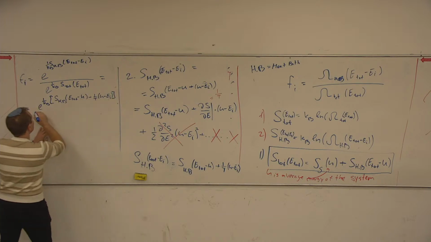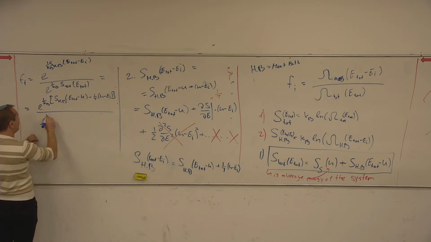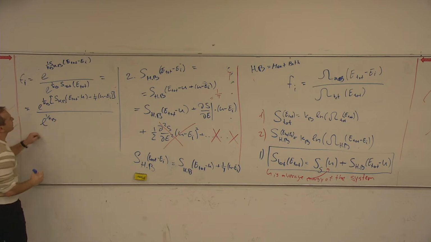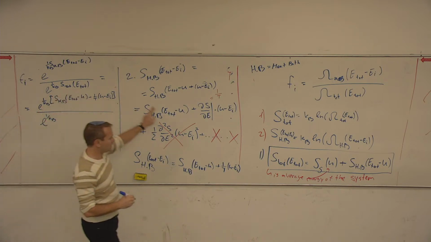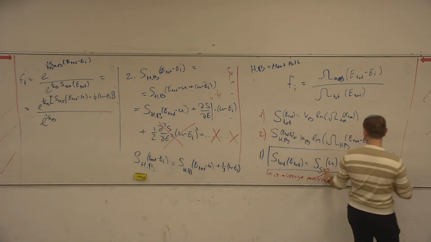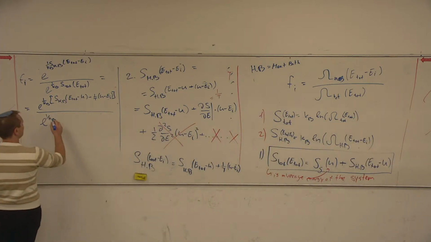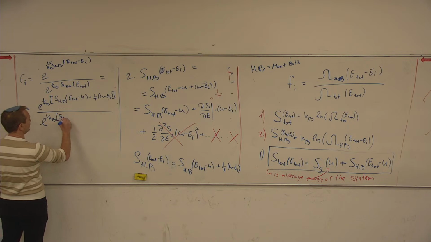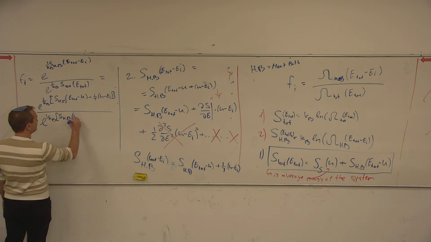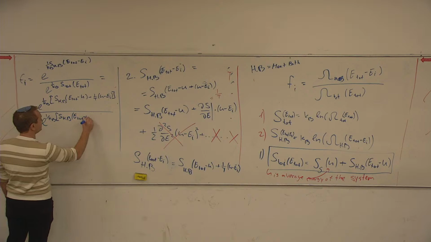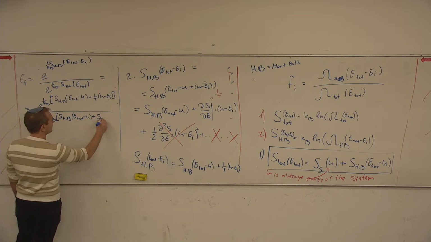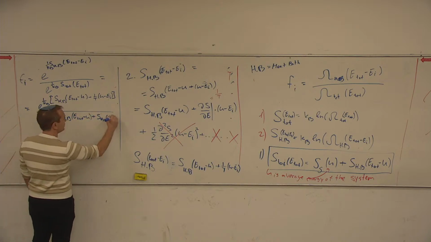Okay. Divided by exponent of 1 over K Boltzmann. S total is S of U plus S heat bath of E total minus U. So here we have S heat bath E total minus U plus S of system of U.